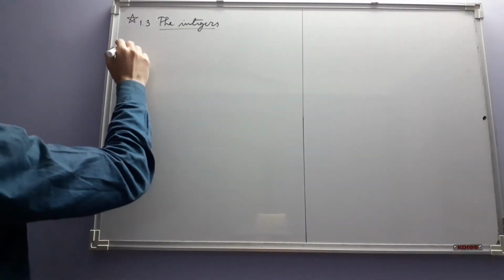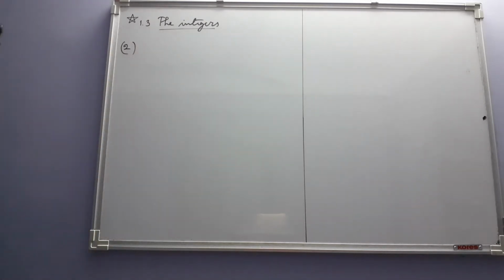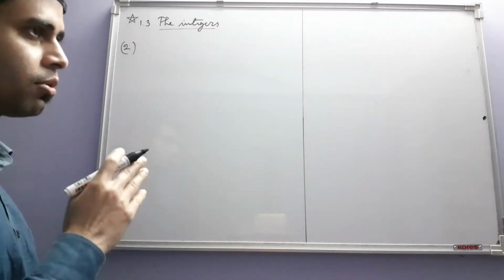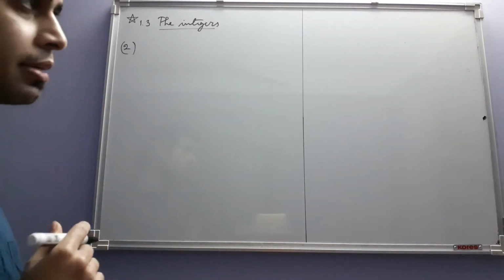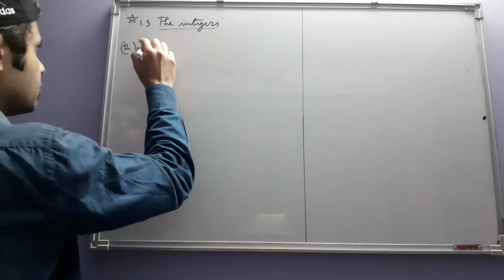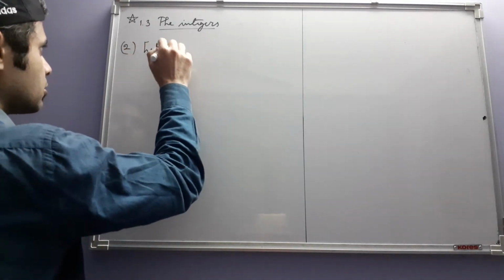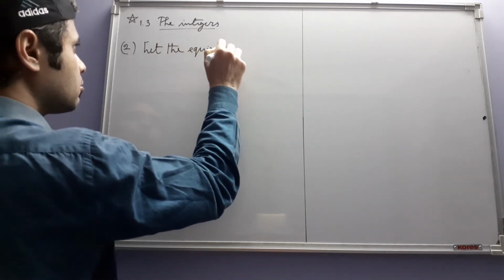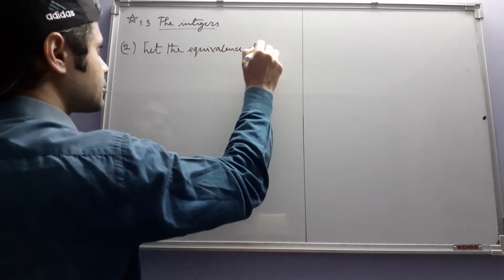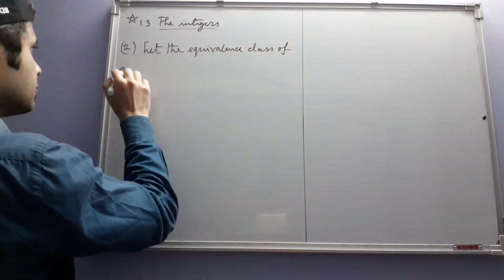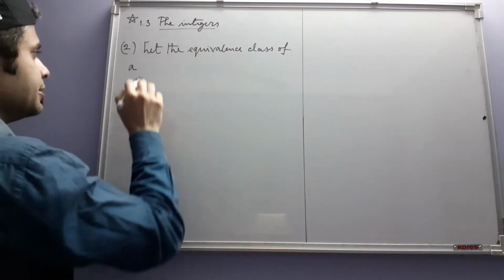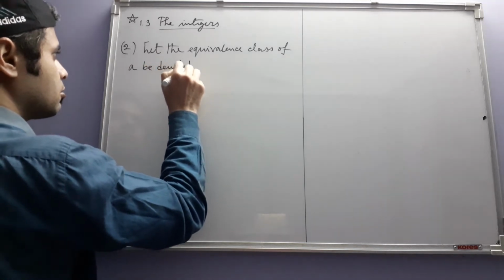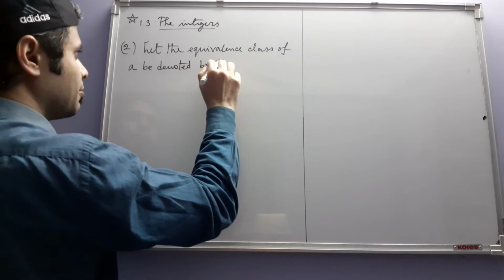So the second subdivision is proving that the equivalence relation of congruence modulo n has n distinct equivalence classes. So let the equivalence class of some integer a, any integer a, be denoted by this symbol.